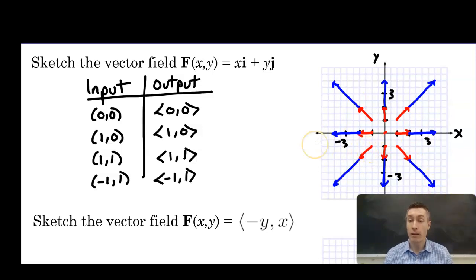Now this particular vector field where all the vectors are pointing away from the origin does have a name. It's called a radial vector field. And if they were all pointing towards the origin, it would be defined the same way as a radial vector field. Essentially, the name comes from the fact that we can draw circles in the plane, and all the vectors that would be touching that particular circle would have the same magnitude.